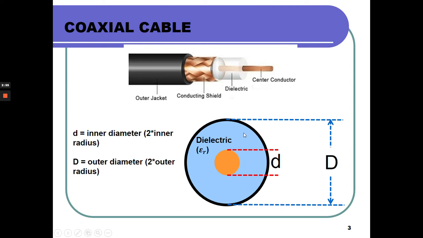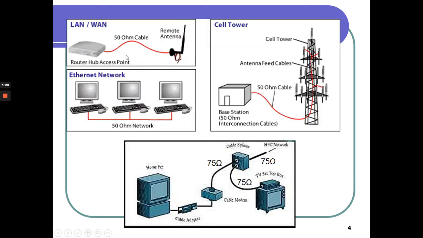Now these things can come with different input impedances. It can come with 50 ohm, it can come with 75 ohm, and so on. Basically, in our LAN, WAN, and Ethernet network connections, or the cell tower connections, where the mobile is connected with the base, the rooftop cell towers, the big towers you always see, these are all 50 ohm coaxial cable lines.